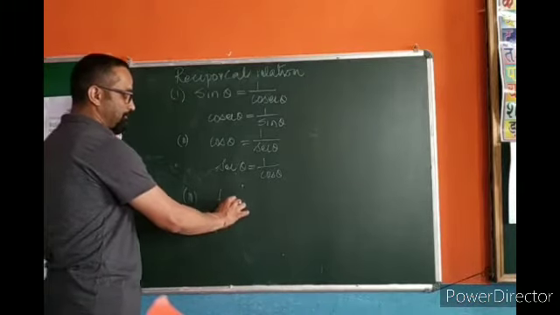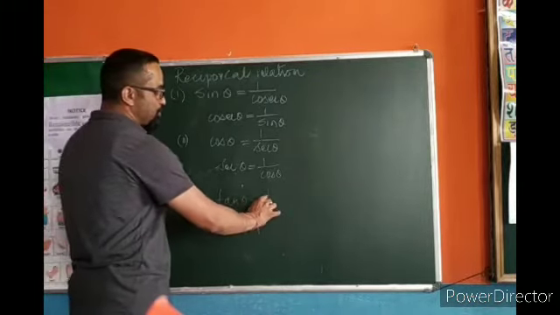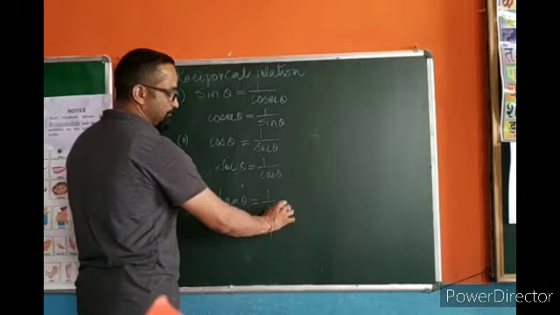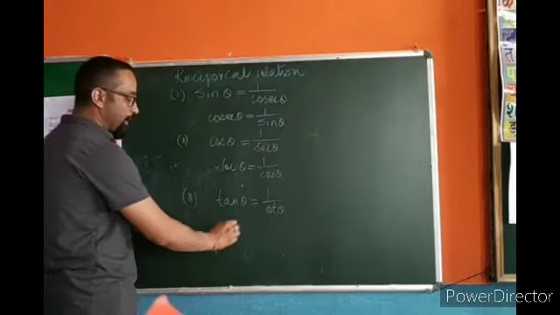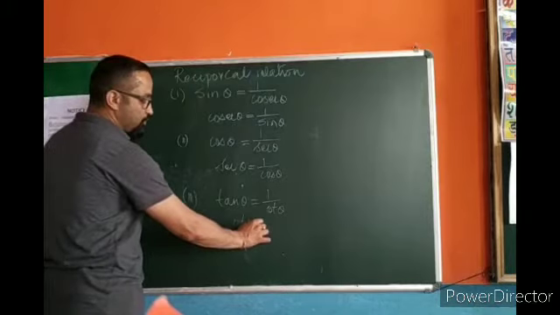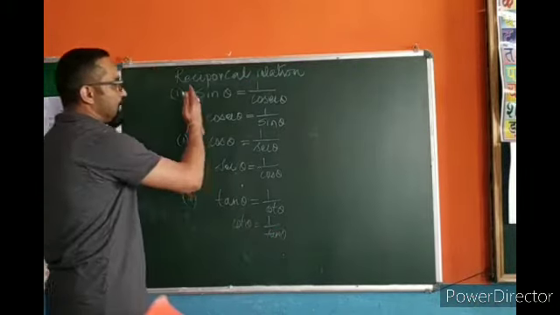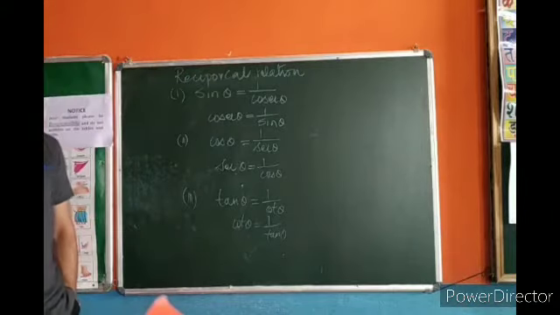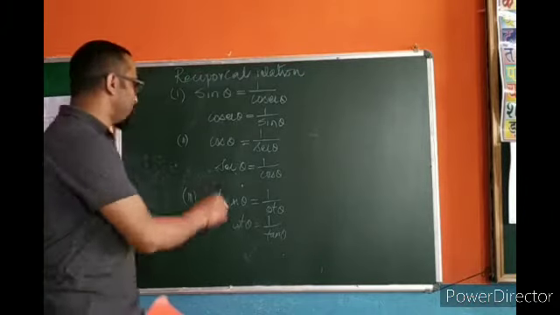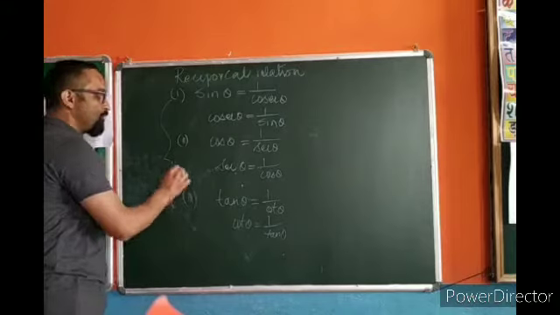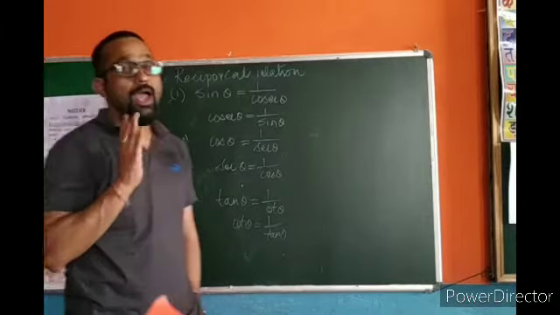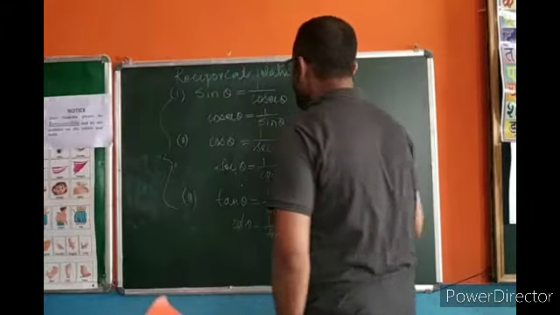Tan theta is equal to 1 upon cot theta. So similarly, we can write cot theta is equal to 1 upon tan theta. These are 3 reciprocal relations, and you need to write these formulae in your formula book and memorize it.